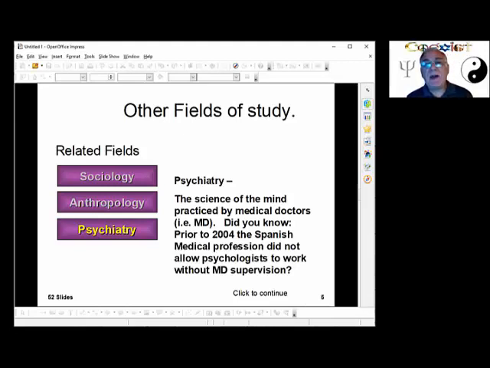So the science of the mind that's practiced by medical doctors is called psychiatry, and they come from a medical view. Psychologists do not. Psychologists are not medically trained. Psychologists are trained in behavioral processes, and we believe that a problem can be simply the way that you learned, and it was inconsistent with the way that people behave in the world, and so you have a problem, a pathology, because you learned to behave the wrong way.